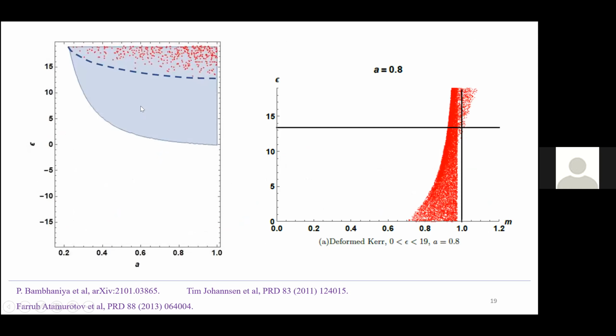Now, in this figure, the shaded region shows the existence of naked singularity in deformed curved spacetime, and the area above the blue dashed line in the shaded region is the region where negative precession is possible, where the red dots are the solution points for the negative precession.